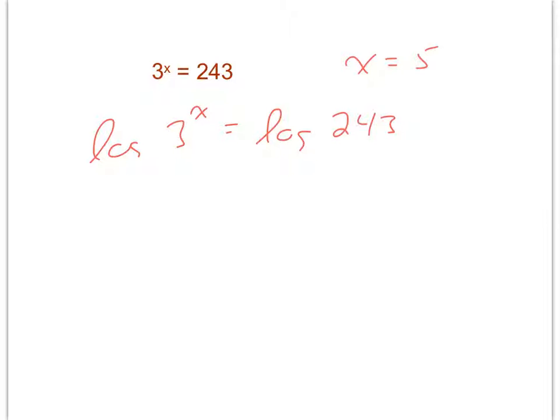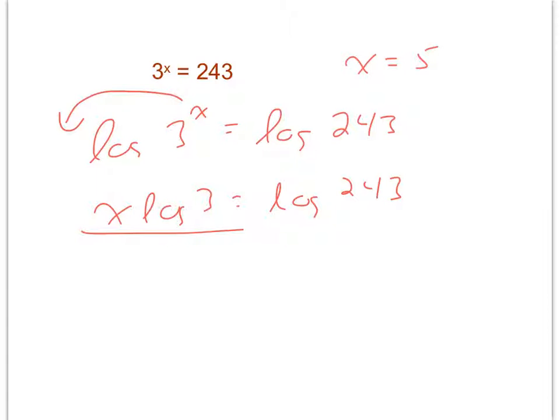Now I can use my power property of logs, bring the x down in front. So I have x log 3 is equal to log 243. Divide both sides by log 3. x equals, whip out your calculator, log 243.